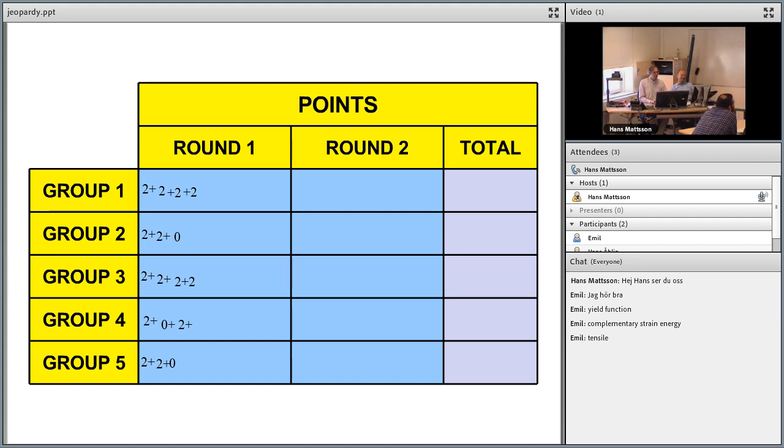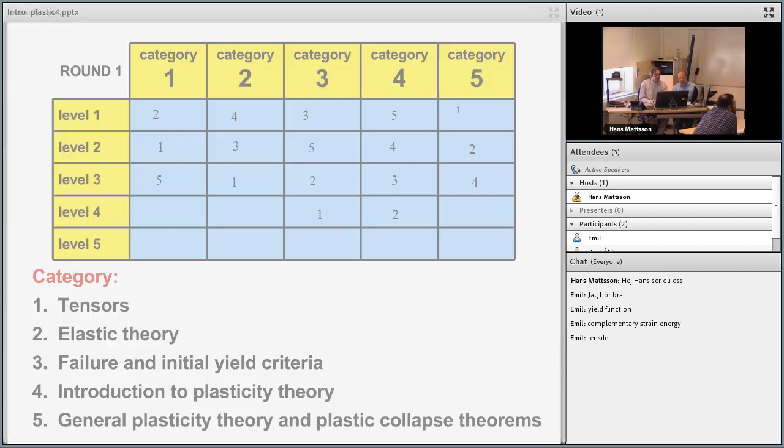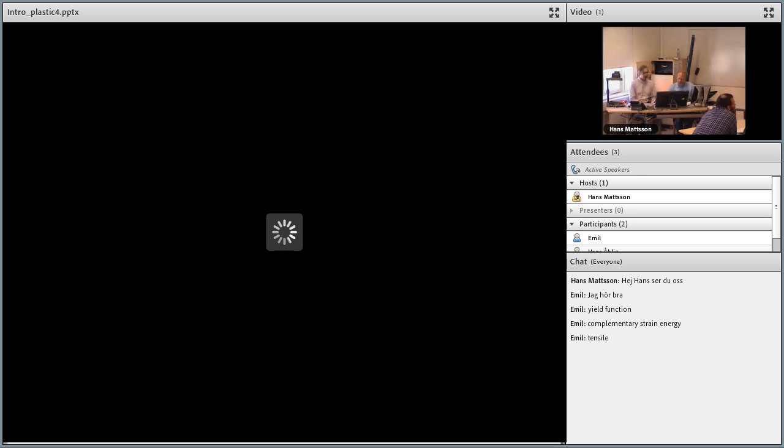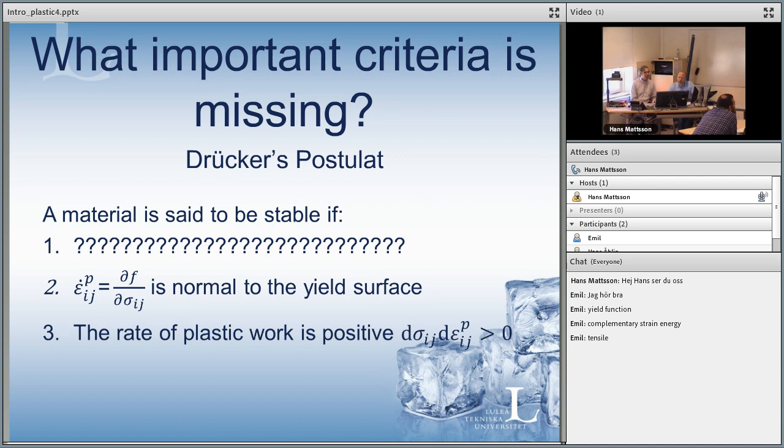And we go to group number 2 that use their question here. Category 4, level 4 for group number 2. Okay, here comes the question. What important criteria is missing in the Drucker's postulate?